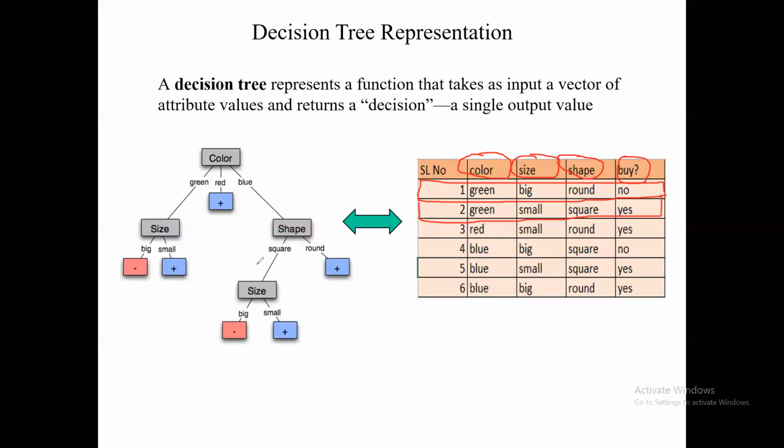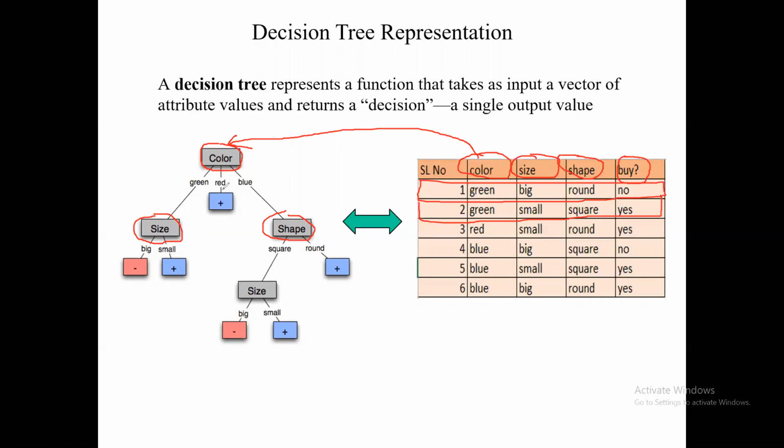On the other hand, in the decision tree, we can see that there are some non-leaf nodes. These non-leaf nodes actually form some tests. We perform tests according to the attributes in the dataset. So for example, color is one of the non-leaf nodes, right? So we form a test that what is the color of the dress?